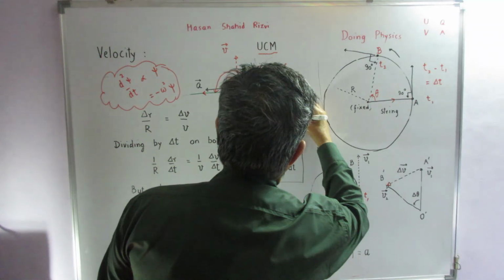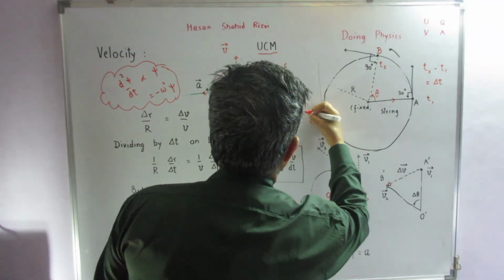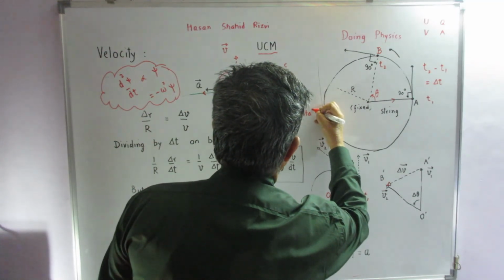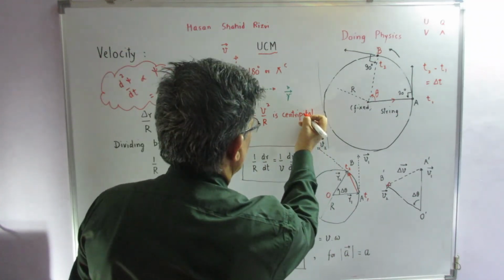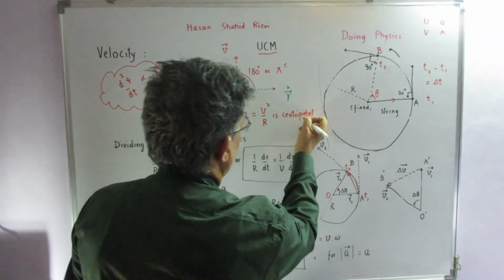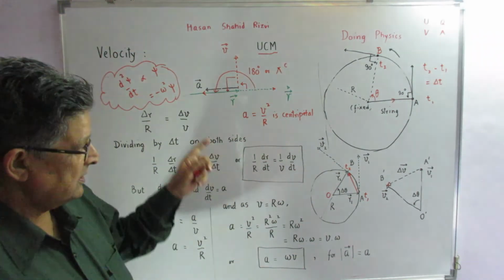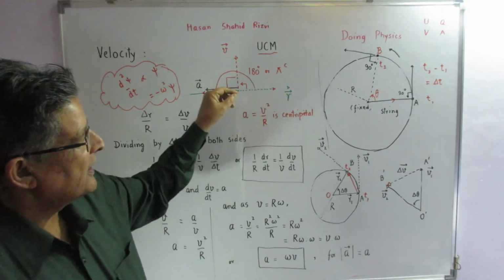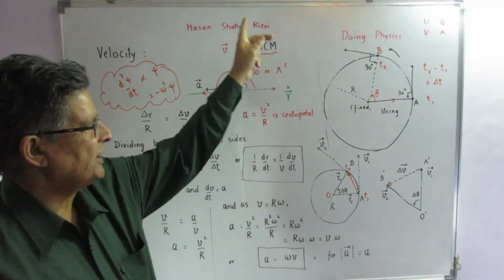We return with a little bit more discussion and we'll take up a few problems. Centripetal means center seeking, and the r vector is radially outside. This one is tangential.